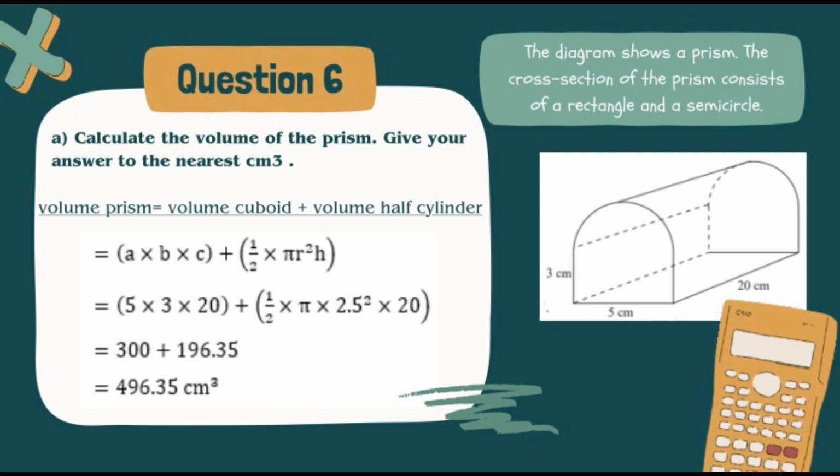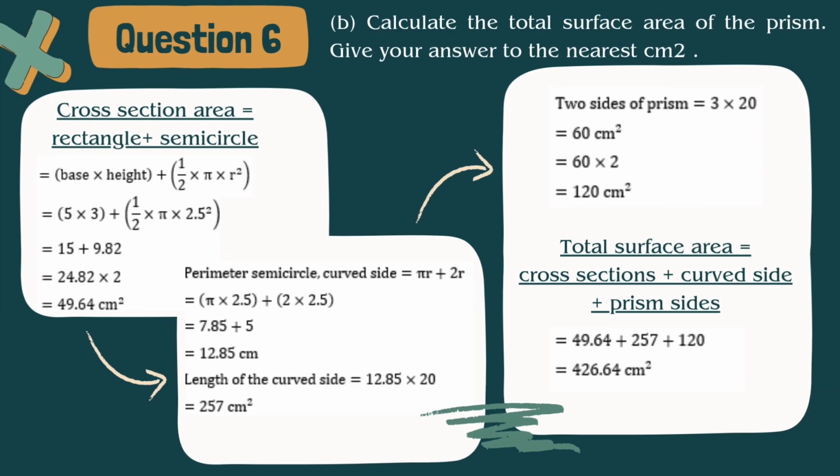So, we sum the total of the volume, we got 300 plus 196.35 equal to 496.35.